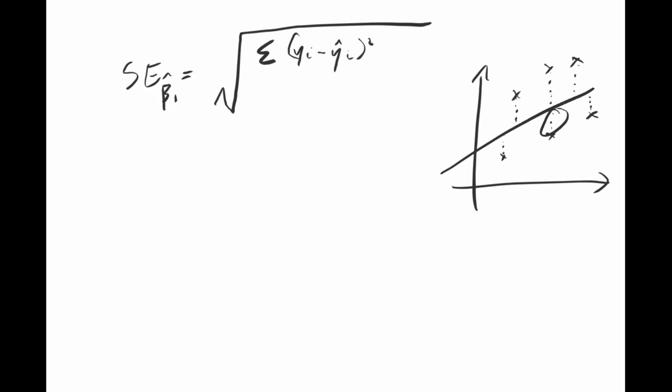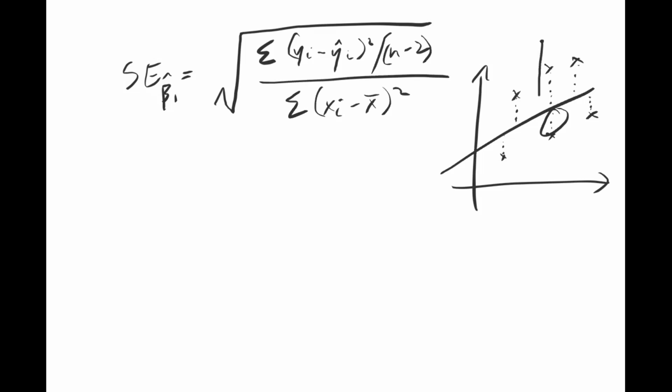We take that, square it, divide by n minus 2, and all of this over the sum of xi minus the mean of x squared. So this would be the average value of x, and looking at the distance to that average value.